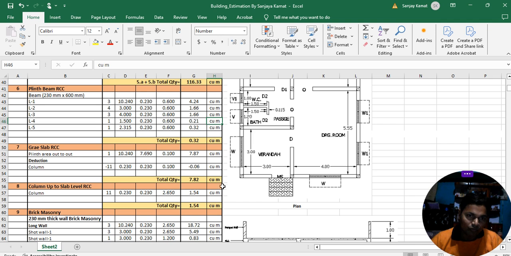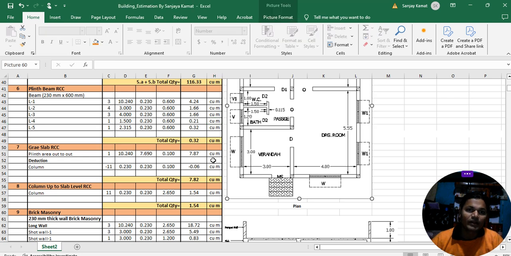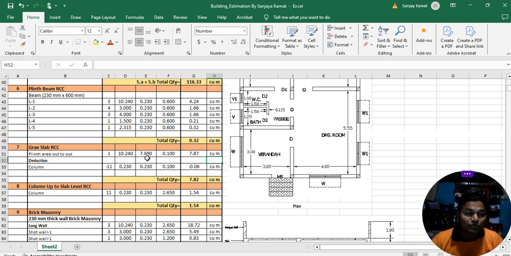See, we are estimating, which means we are finding the quantity. Quantity is nothing but the volume, so these will all be in cubic meter. Now, once we know the value of these beams, you can do the sum.